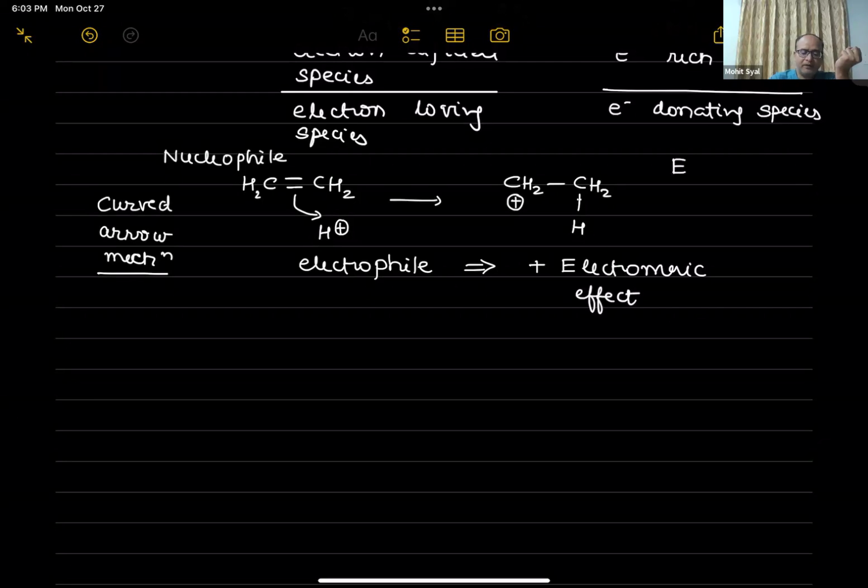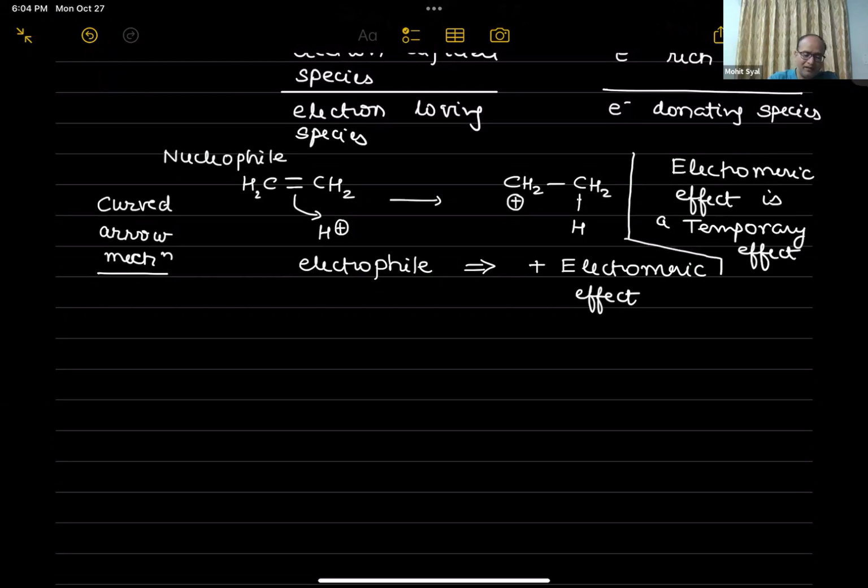Electromeric effect is a temporary effect. Is this clear to everyone? It is a temporary effect. And suppose H plus is not there, will the electrons of the double bond get shifted to one side?